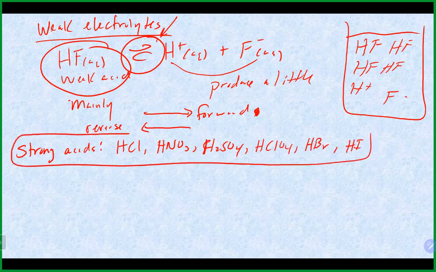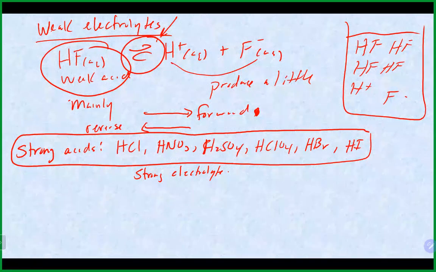So this is a little list of some strong acids, which are strong electrolytes. If you do see these, they're going to 100% break apart. Like I said, for pretty much any other acid outside of that list, it's probably a safe assumption that it's a weak acid and also a weak electrolyte and will mainly stay together.